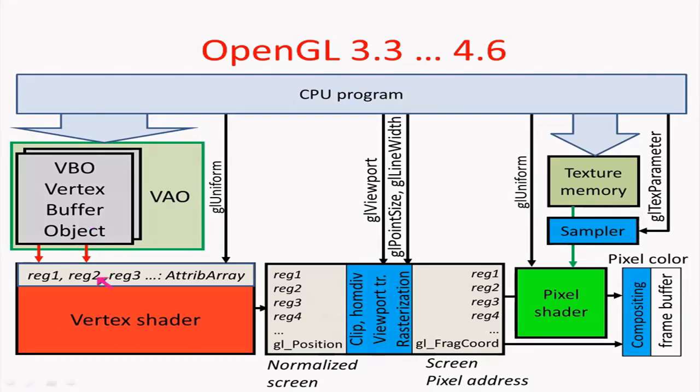A single input register of the vertex shader can store four 32-bit long words. This 4-float structure is called vec4 in GLSL. The input registers are called vertex attrib arrays. The responsibility of the vertex shader is to transform the object to normalized device space.